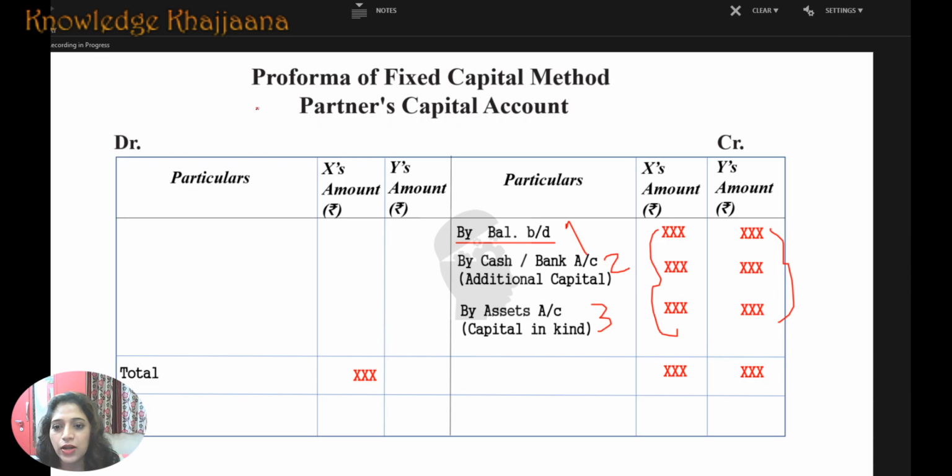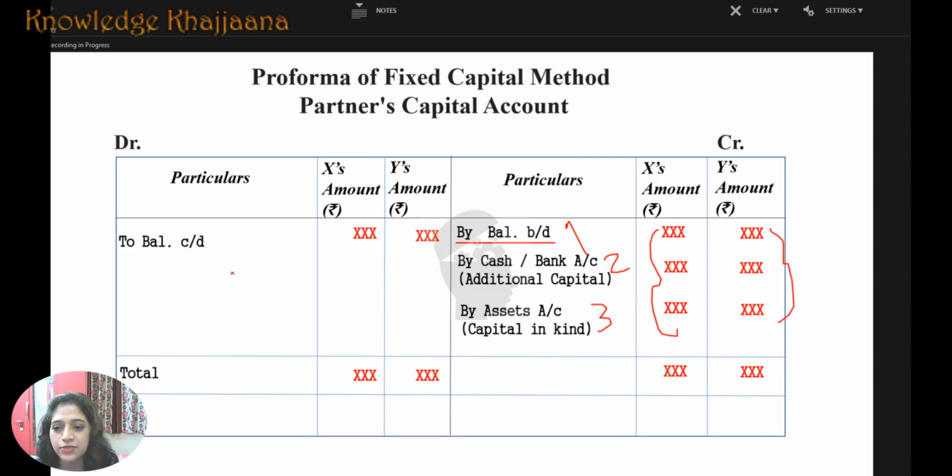Next, the totals are also matched with the debit side. See, this is the total of the credit side: opening balance, additional capital brought, or additional capital brought in terms of assets. This is matched, and whatever remaining balance there is, this is the balancing figure, because nothing else is there in this pro forma.